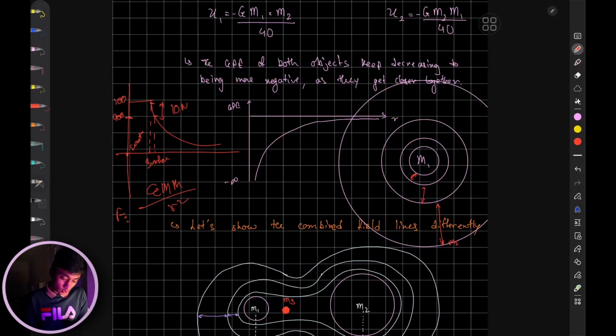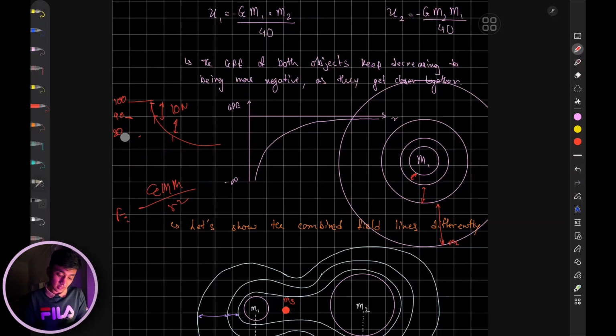To have the same decrease, let's say over here, 80 newtons. Do you see x1 to x2 to x3? To have the initial 10 newton drop, I travel from x1 to x2, a small distance. To have the same 10 newton drop from 90 to 80, see how much more distance I had to cover.